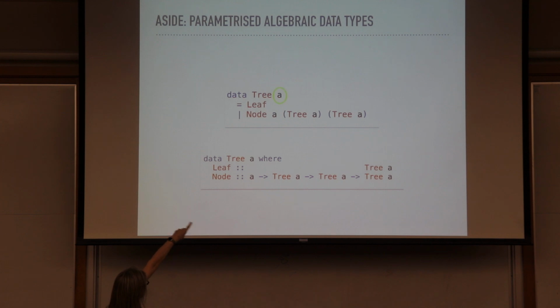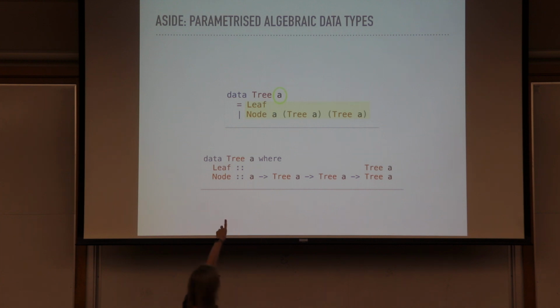And in that notation, the scope of this type variable A is this part. So it says for all A's, and then the scope of the A is in the whole body of that. This is different here.